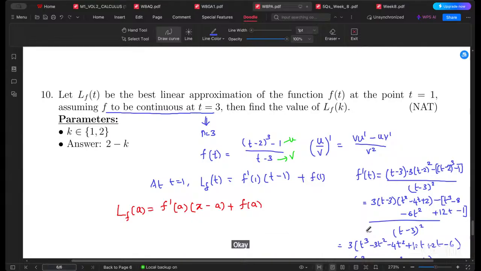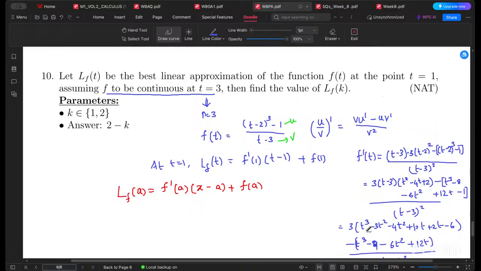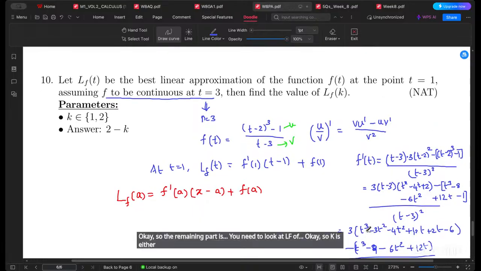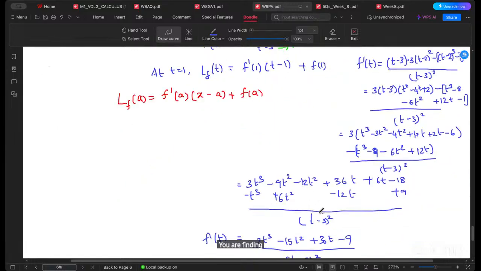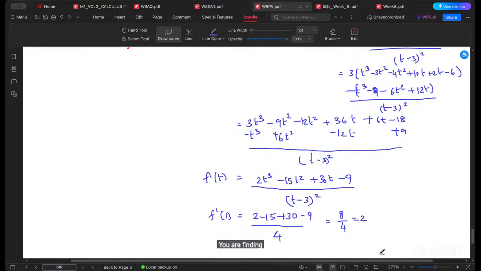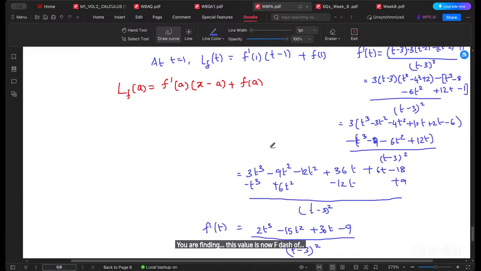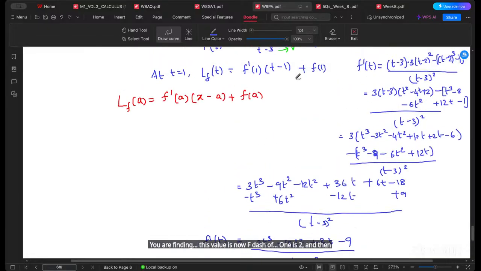Okay, so the remaining part is you need to look at LF of k. So k is either 1 or 2. If you are finding LF of 1, then this is what you need to do. Now f dash of 1 is 2, and then you have to substitute it here and complete this.